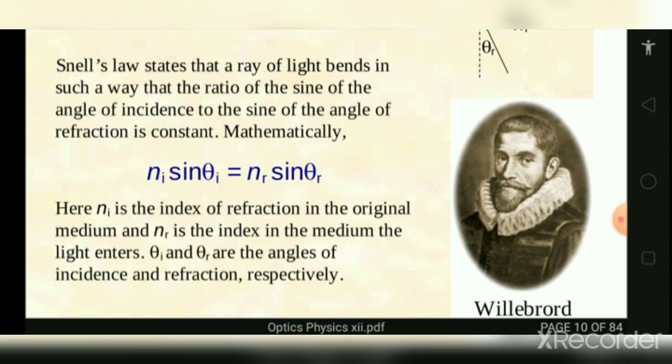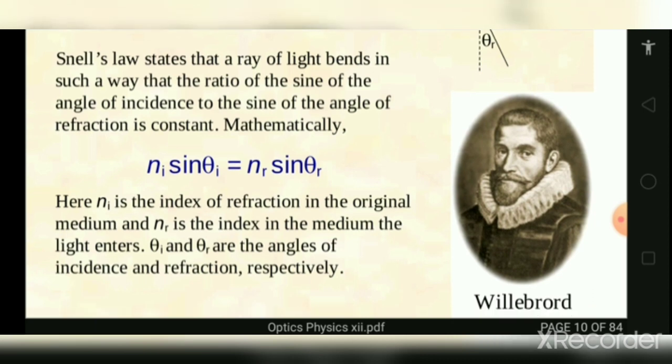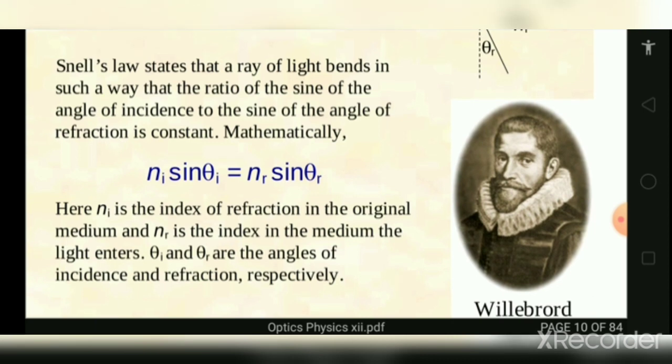As light goes from a rarer medium to a denser medium, the ray of light makes an angle of refraction smaller than the angle of incidence, and the ray bends towards the normal.